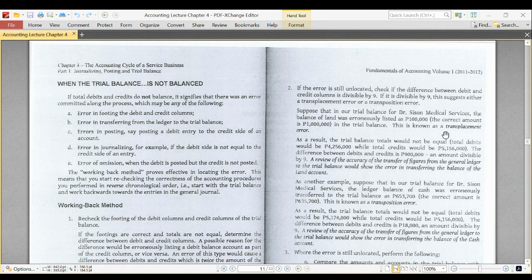An example dito. Suppose that in our trial balance for Dr. Season Medical Services, the balance of land was erroneously listed as 100,000 pesos. The correct amount is 1 million. So, yung decimal place sana dito sa dulo, nalipat dito sa another zero. So, dalawang zero pala ang nilipatan niya.